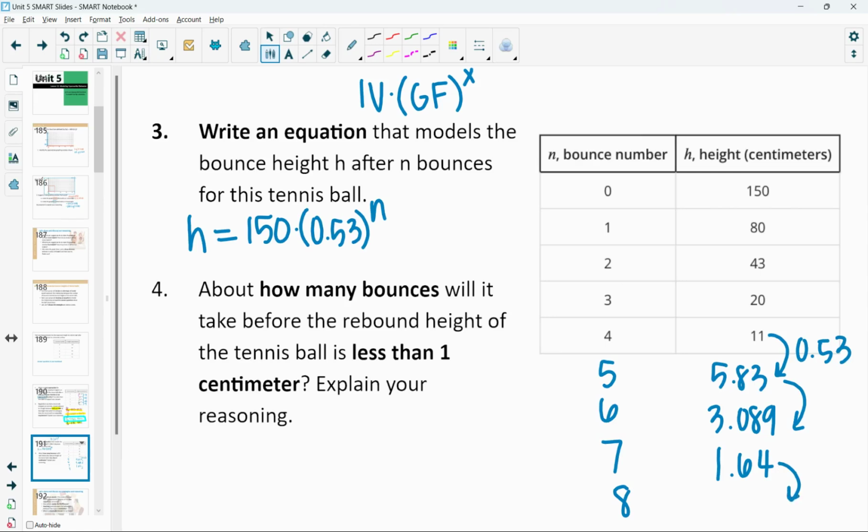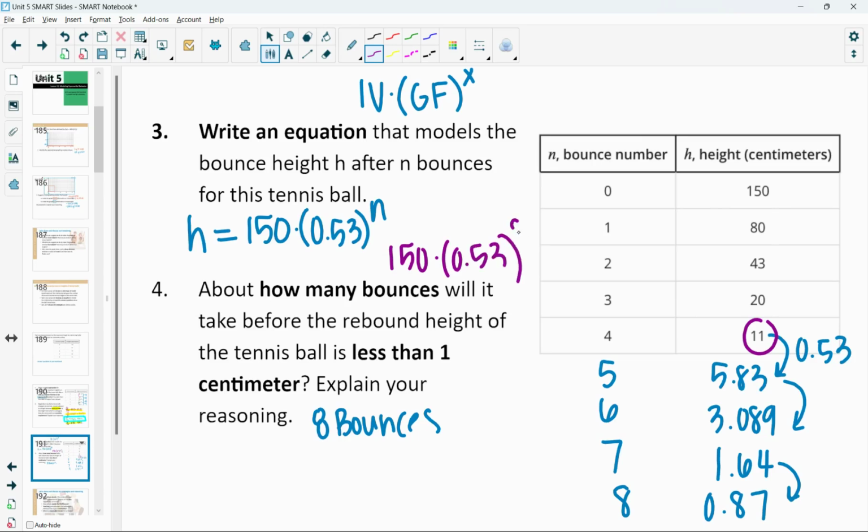Multiply by 0.53 again, and we would get 0.87. So after 8 bounces. Now that's using from this last place here, right? So we could also plug it into here, and it's going to be a little bit different, okay, because these aren't exactly 0.53 going down. But if I plugged 8 in here, what would we get?